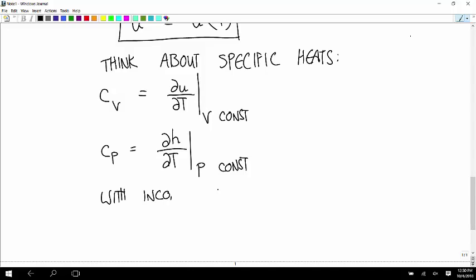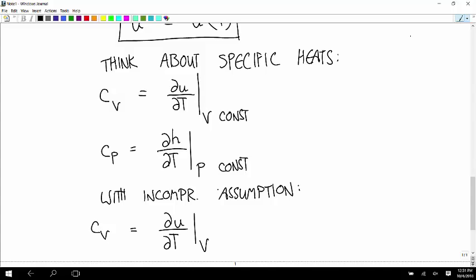So with this incompressible assumption, Cv is equal to the partial of u with respect to T with the volume constant.